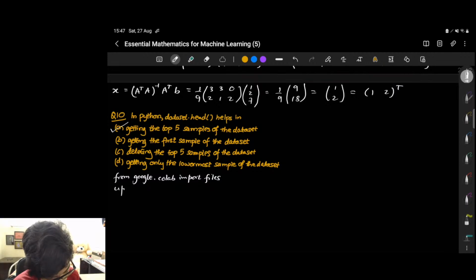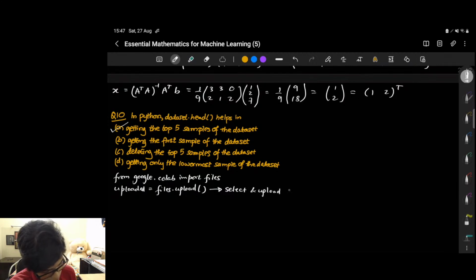Then we will upload our data set. And then we will select whatever file we have on whatever data set that we want. So from here, we will select and upload the file from our computer.